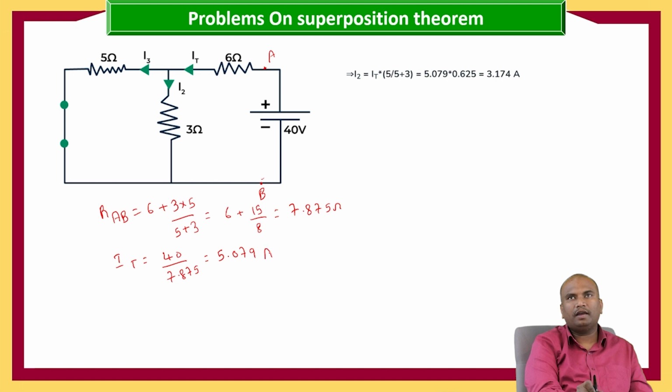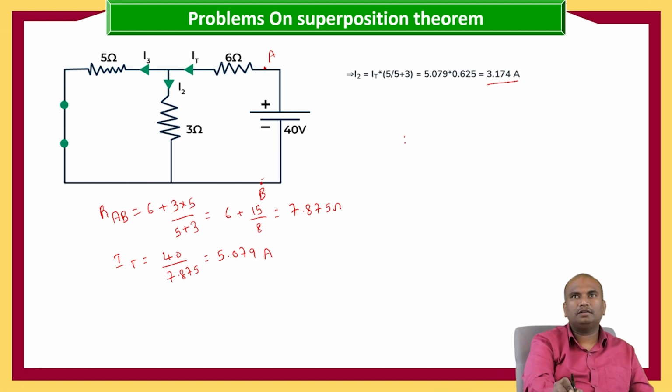which is equal to 5.079 amperes. This is the total current which we got, and I2 is equal to IT into opposite resistance. Here the opposite resistance is 5 ohms divided by 5 plus 3, which is equal to 5.079 into 0.625, which is equal to 3.174.